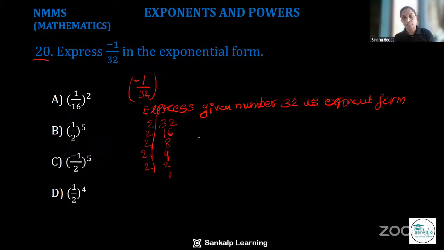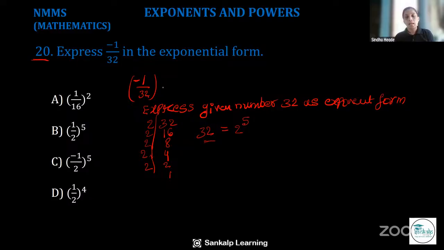So we can say that 32 is our base number. When we convert this 32 into exponent form, it is in the form of 2 raised to 5. So 2 is multiplied 5 times, it gives 32. Now this 32 is converted into prime exponential form.